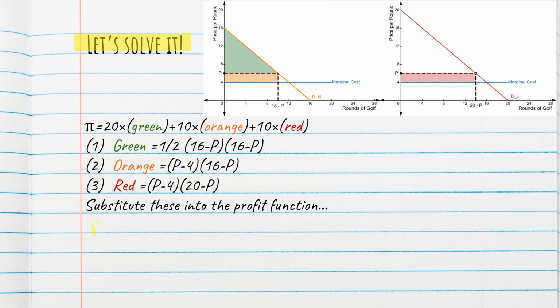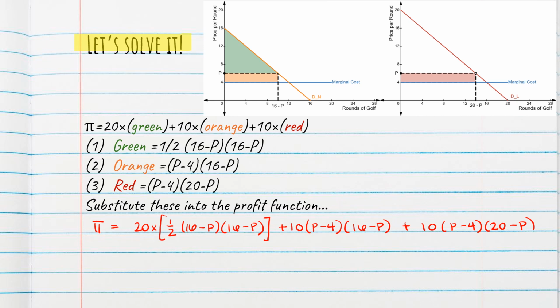So we have that profit is equal to 20 times 1/2 times 16 minus P times 16 minus P, plus 10 times orange, which is P minus 4 times 16 minus P, plus 10 times red, which is P minus 4 times 20 minus P. So far I just plugged in what I know. Now I want to try and simplify this thing.